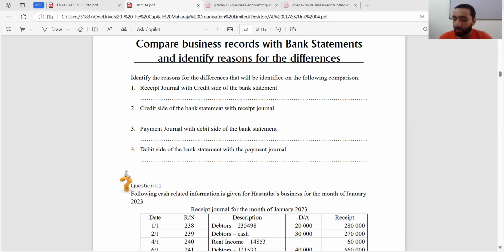Right. Okay, students, we'll start. So under this, identify the reasons for differences that will be identified on the following comparison.